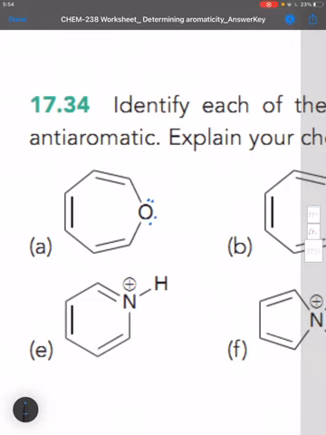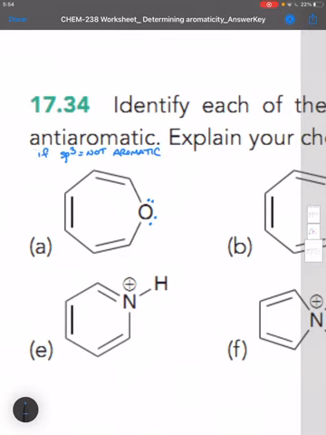You'll want to consider, well, what must be the case? And again, let's do it this way. So if the oxygen is sp3 hybridized, which we'd imagine it would be, because it has 4 electron groups around it, if it's sp3 hybridized, well, that breaks the aromaticity. And we'd have to say it's not aromatic.